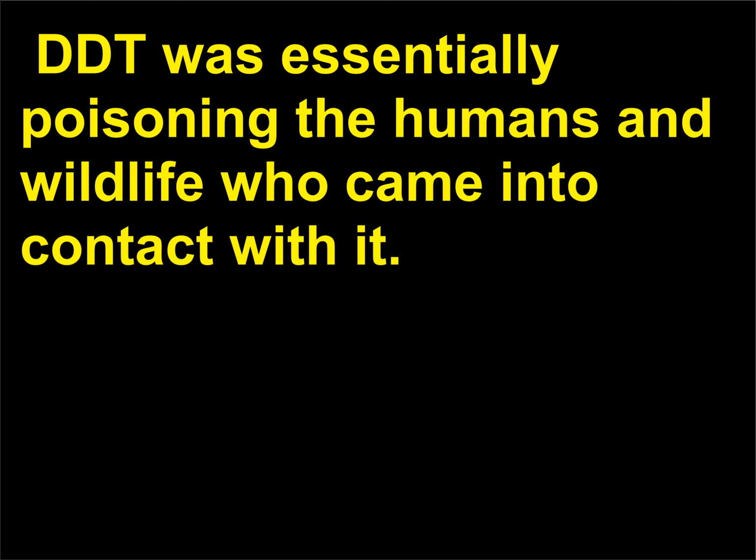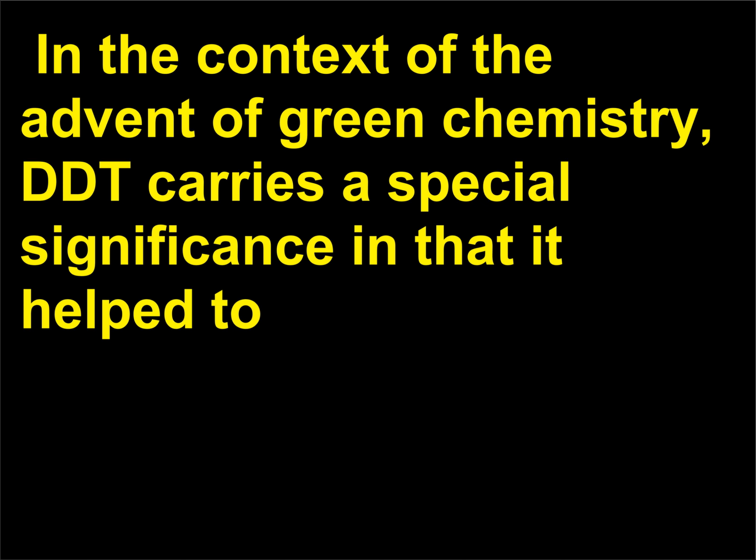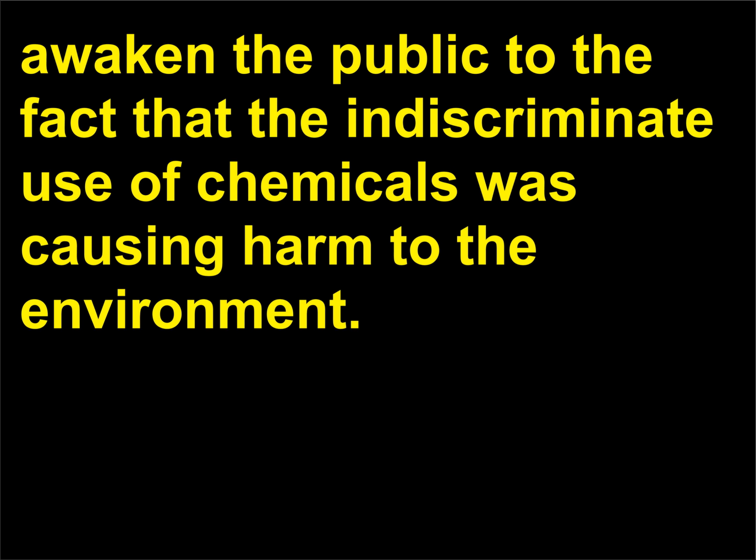DDT was essentially poisoning the humans and wildlife who came into contact with it. In the context of the advent of green chemistry, DDT carries a special significance in that it helped to awaken the public to the fact that the indiscriminate use of chemicals was causing harm to the environment.